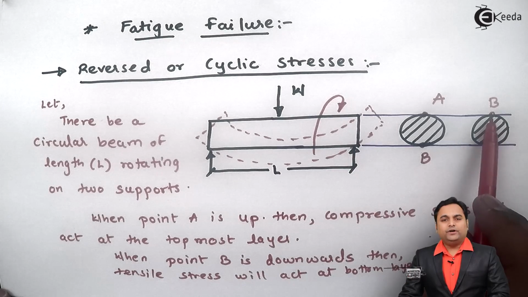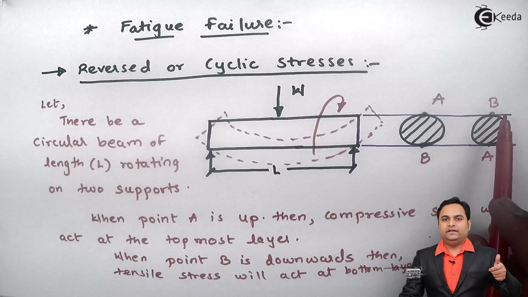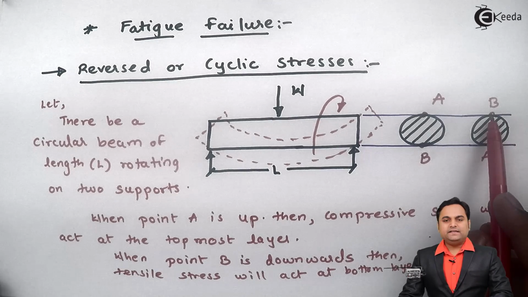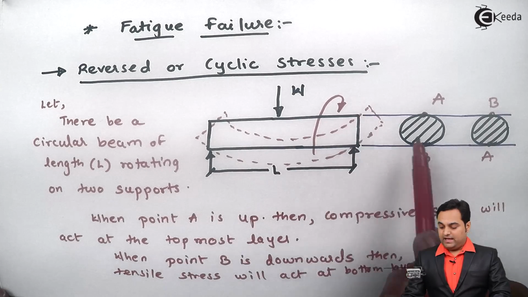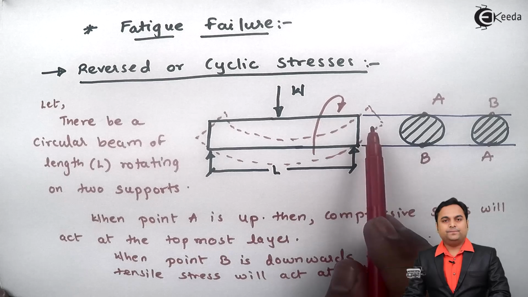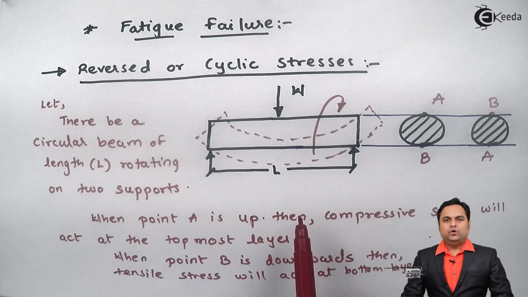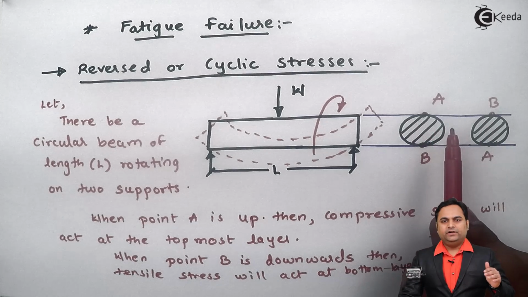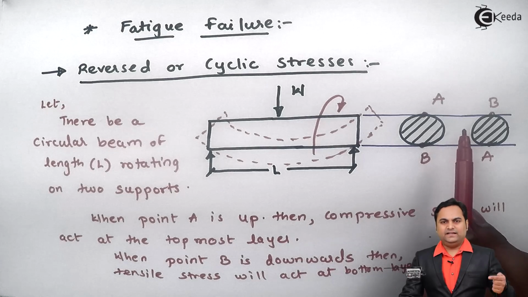Now since point B has reached up, because the shaft is continuously rotating, each of the points would be shifted. So when B reaches the topmost layer, B would be subjected to compression and A would be subjected to tension. This is called reversed or cyclic stresses, where a particular member, or a particular point, is subjected to two kinds of stresses in the same cycle.